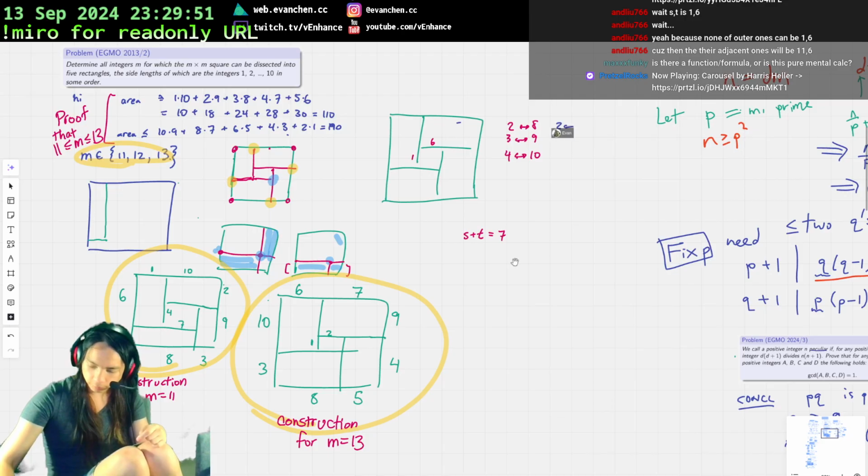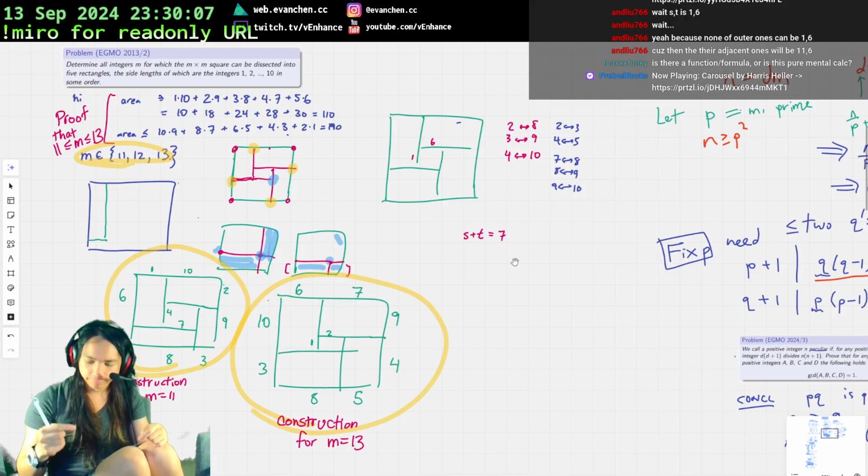They're like 2, 3, 4, 5. So, okay, I guess there's a lot for the other one. Okay, but the argument is that 7 has to be paired with 8, right? Because 7 doesn't have, yeah. So it has to be 8.